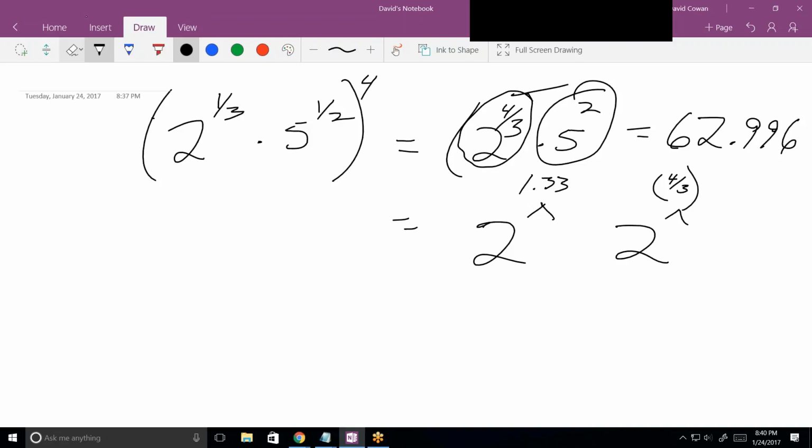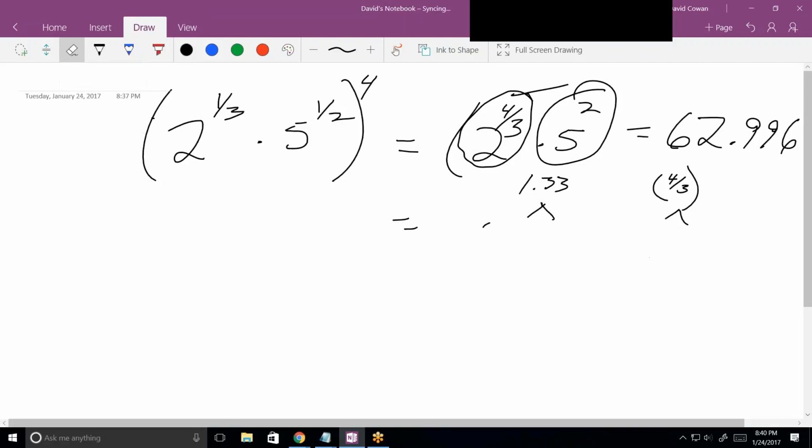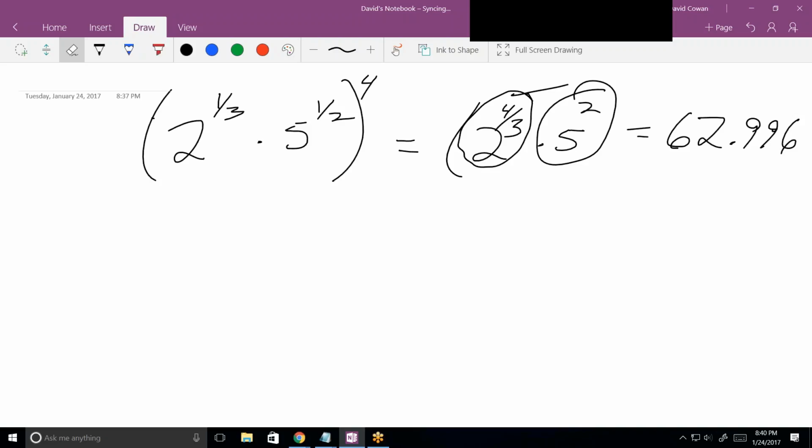Whenever you turn something into a decimal, you make it less accurate. In other words, if I'm talking about the square root of 2 and somebody says, what's the most accurate expression? Well, it's not the decimal. That goes on and on forever. It's this right here.